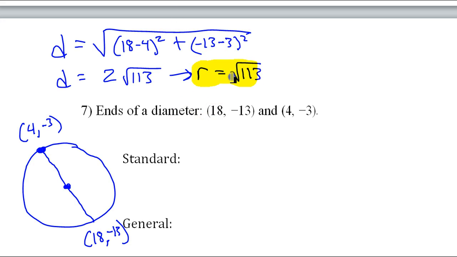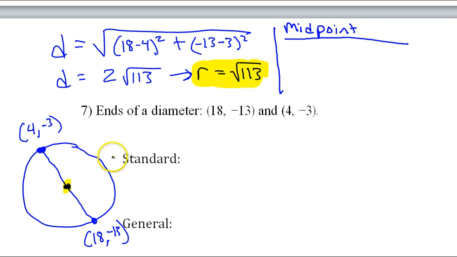Let me highlight that. Now I'll also need the center in order to write the equation. But wouldn't that be the midpoint between these 2 points? Okay, so let's find the center by finding the midpoint.